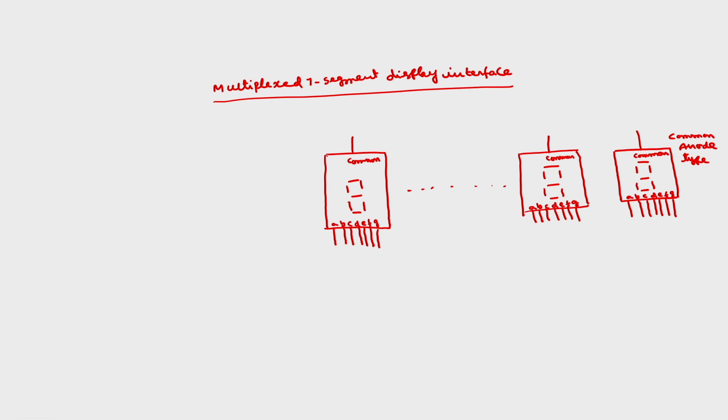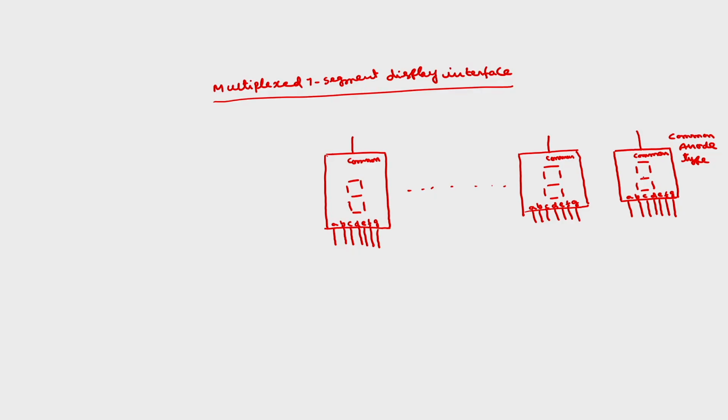Now, instead of using 8 7447s, I will use only one 7447 and connect it to all 8 displays. Let us assume that this is display 1, display 2, up to display 8.